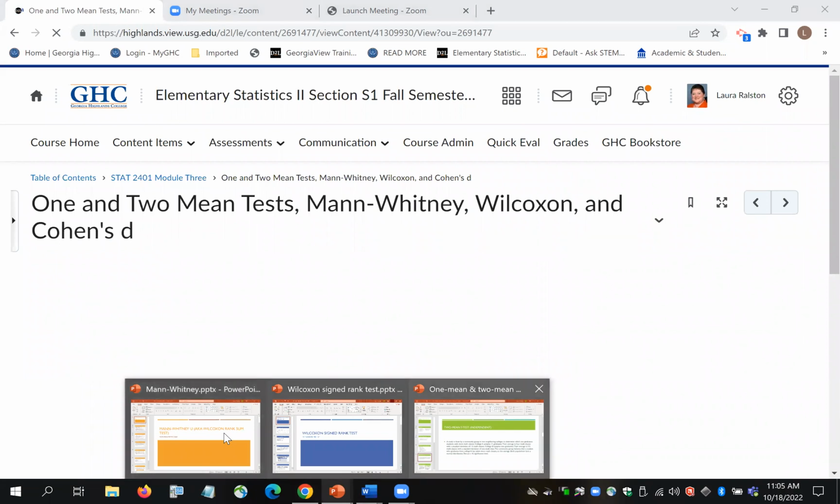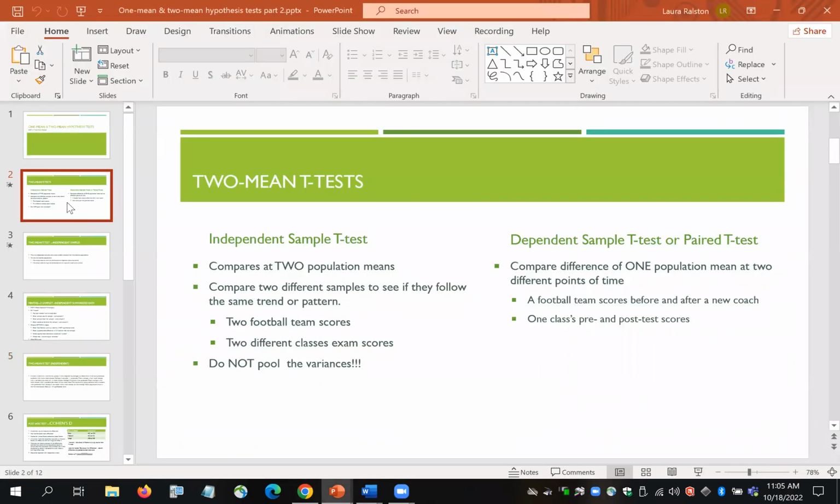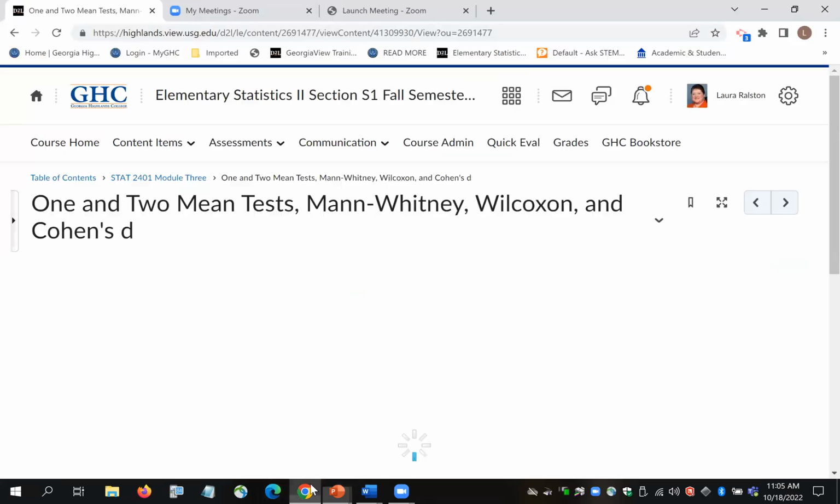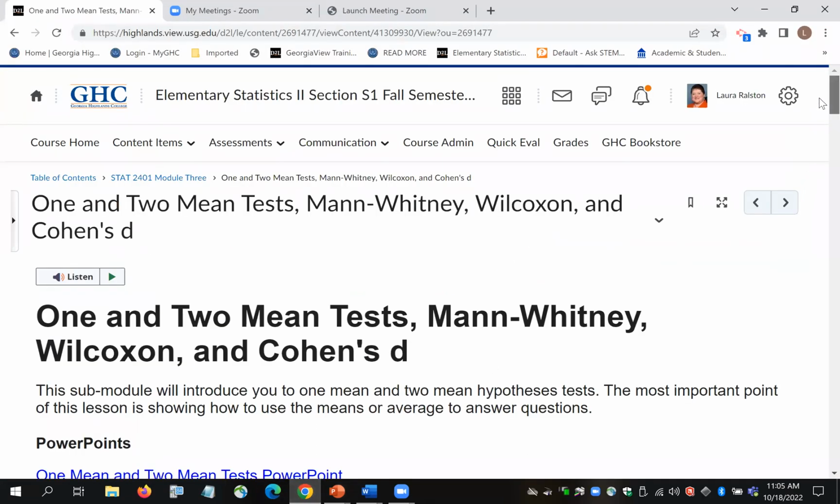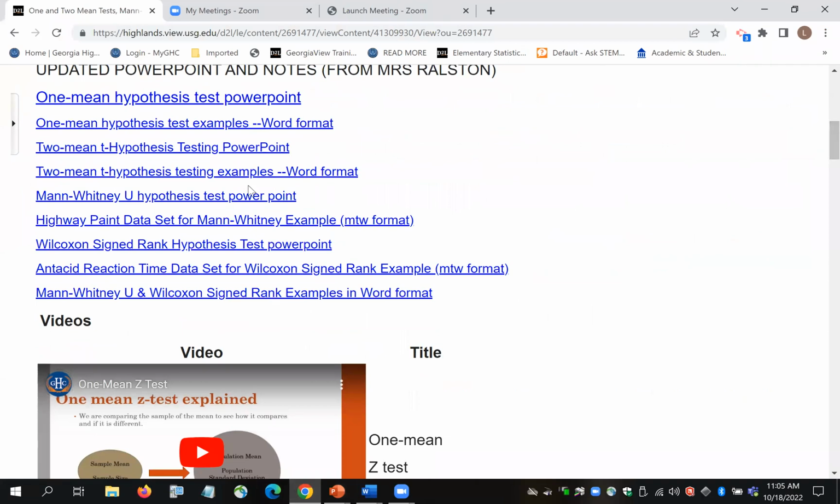But I want to start with an example of a two mean independent sample t-test, which we did last week, but I want to let you see the difference or the connection to the non-parametric test. I did post a PowerPoint for Mann-Whitney.